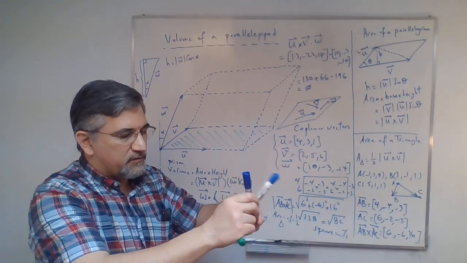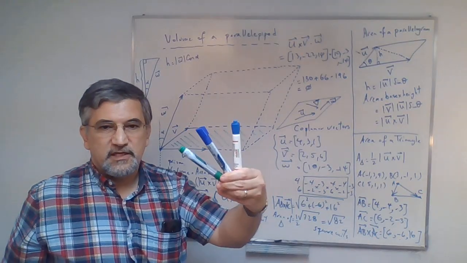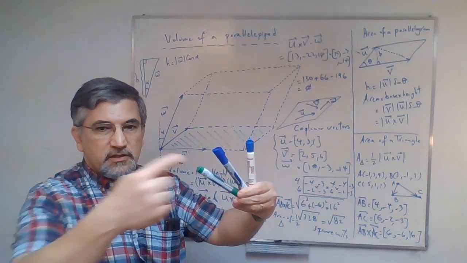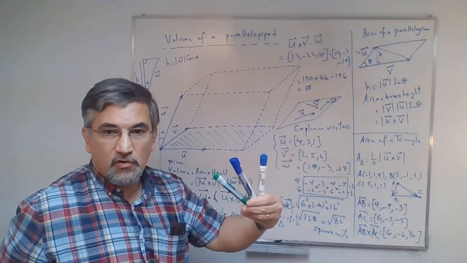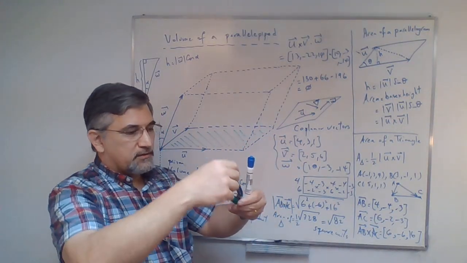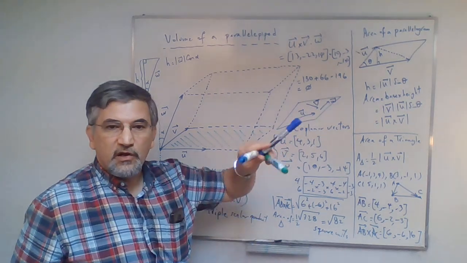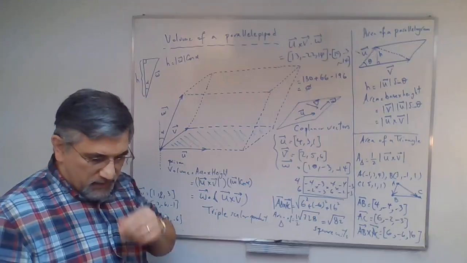But if all of them can lie on the same plane like this, then they are coplanar. This situation, coplanarity, happens when the triple scalar product is 0. And when it is not equal to 0, the vectors are not lying on the same plane. They're not coplanar.